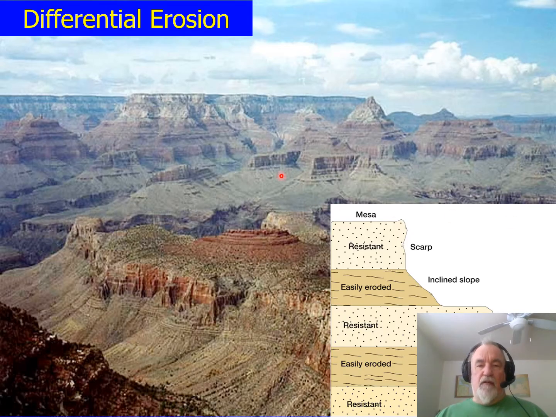We can see beautiful areas of canyonlands where resistant rock layers form or help form vertical cliffs, and then more shallow sloped areas where the rock is more easily eroded. So we have resistant layer, more easily eroded, resistant layer, more easily eroded.